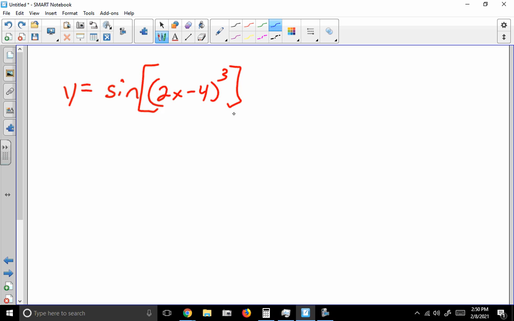So here we have several layers, and I'm going to color coordinate this. Our outside layer is that we have sine of something. So that's our outside function. We could call that f. And then we have an inside function.